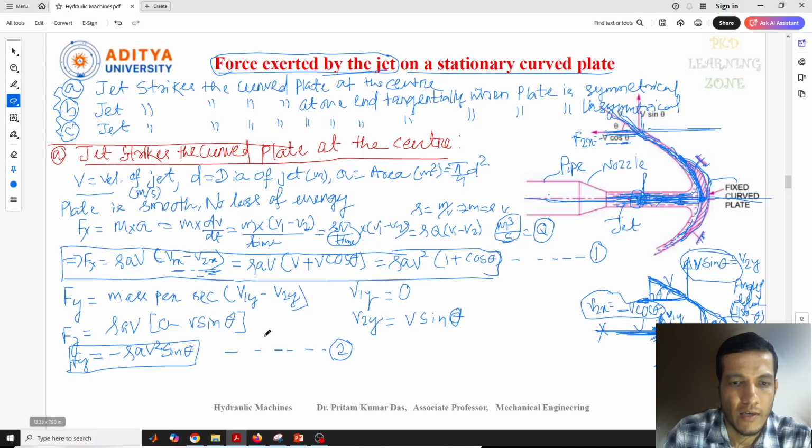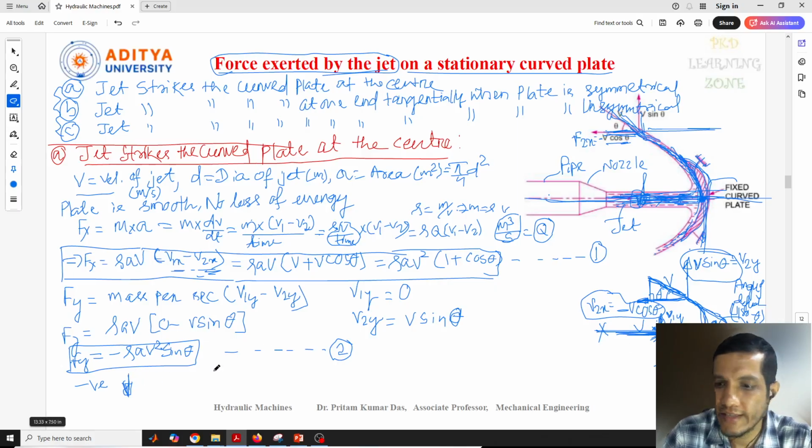And now you can see we got a negative term here. This negative sign indicates that the force is acting in the downward direction. That means in the x direction we get the force in this direction, and in the y direction we get the force in the downward direction.